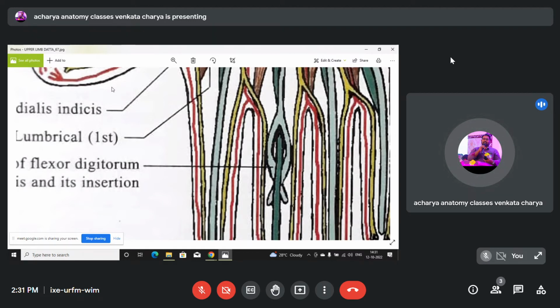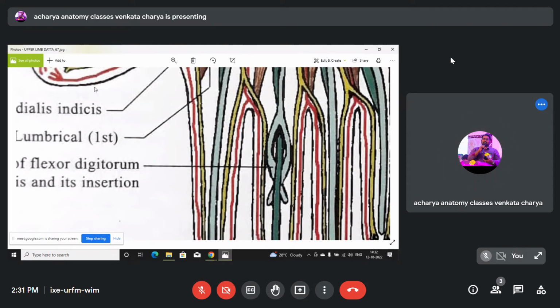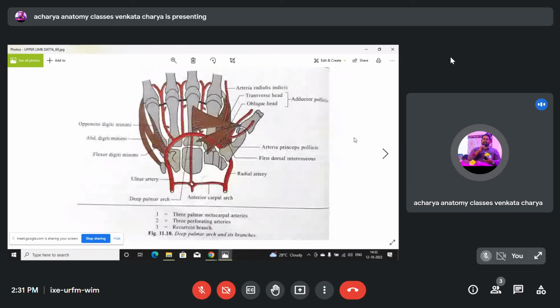Deep branch of the ulnar artery and deep branch of the radial artery unite to form an arch called the deep palmar arch.